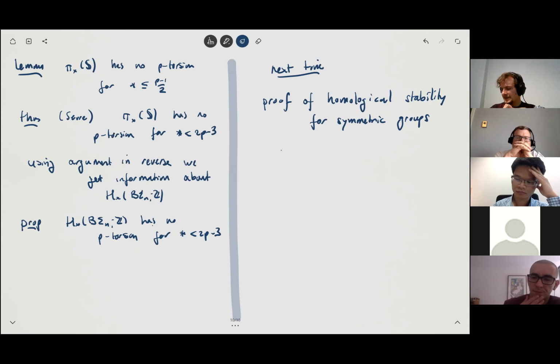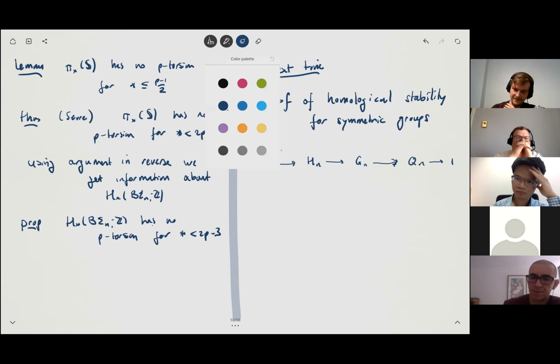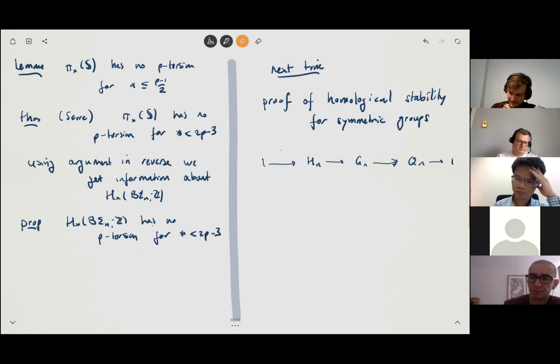So I think the precise statement to your question is, whenever you have an extension, maybe a sequence H_n, G_n, Q_n, I don't know of any non-technical general statement, but at least thinking about it just now, if you have homological stability for Q_n with enough local coefficient systems, then you have a chance of proving it for G_n.